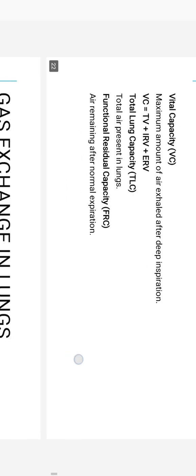The functional residual capacity refers to the amount of air remaining in lungs after normal expiration. Similarly, inspiratory capacity is the maximum amount of air that can be inhaled after normal expiration. These lung capacities are clinically important because abnormalities may indicate respiratory diseases.